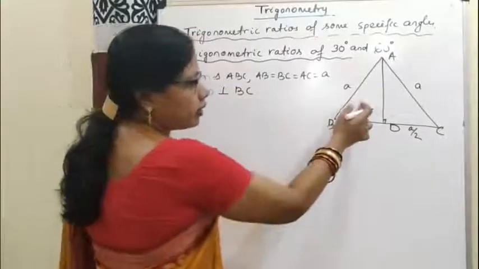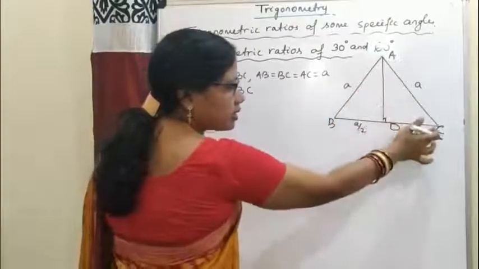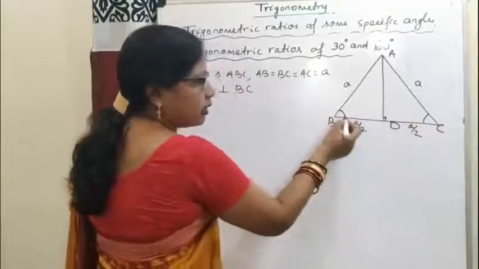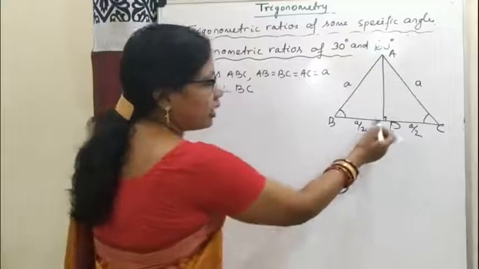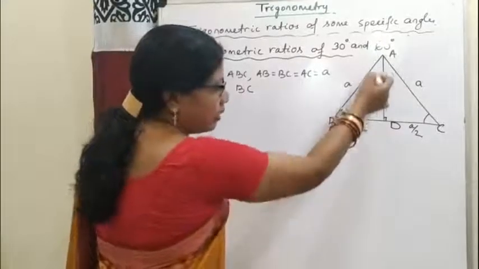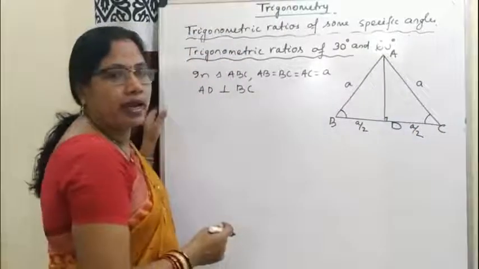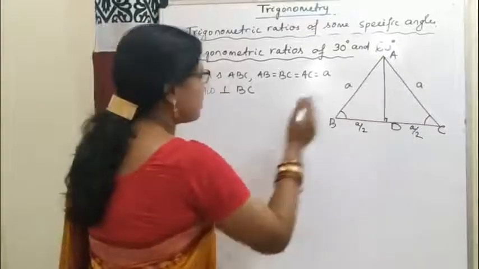So in the two triangles ADB and ADC, these two angles are equal because in an equilateral triangle all the angles are 60 degree, and this is 90 degree, and the side AB is equal to AC. So by the angle side congruence rule, these two triangles are congruent.